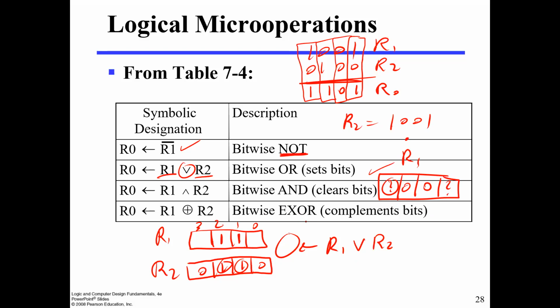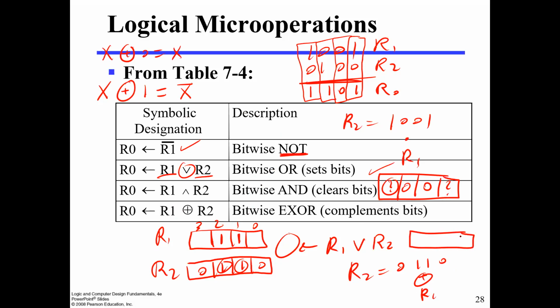An XOR can be used to complement bits. If I want to complement, let's take the same 2 bits, which are 2 and 1. We know that X XOR 1 equals X bar, and X XOR 0 will equal X. So if I want to complement bit 1 and bit 2 in R1, I will load R2 with the value of 0110 and XOR that with R1.